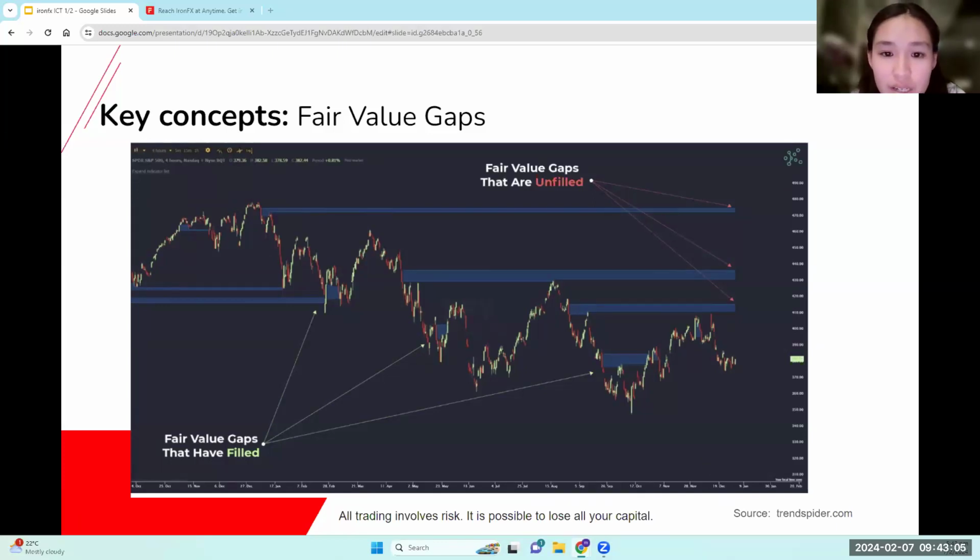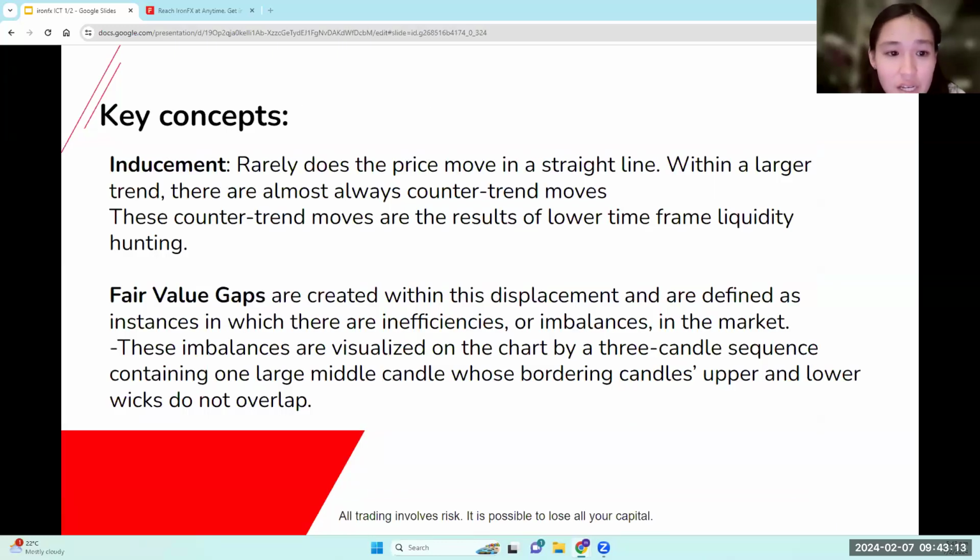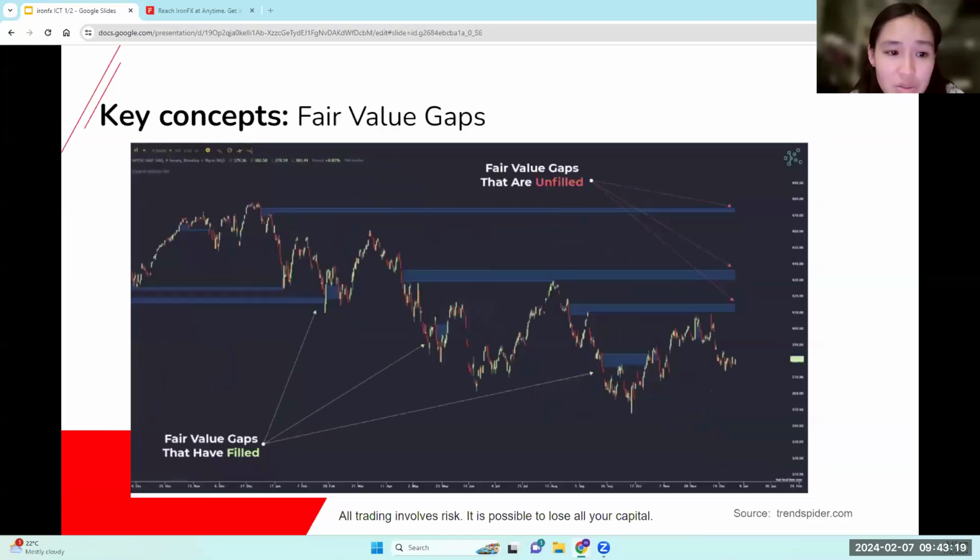Maybe to start off, you can look for what we've mentioned in the previous slide, which is the three candle sequence containing one large middle candle whose bordering candles' upper and lower wicks do not overlap. You can look for some of those examples over here.